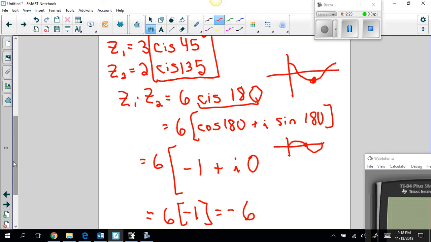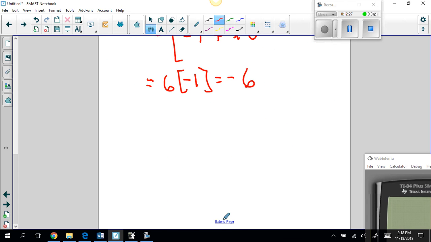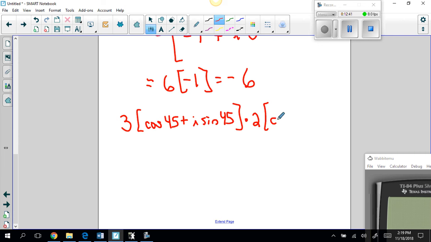Let's see what 3 CIS 45 really is. So what they're really asking us to do is 3 times cosine 45 plus i sine 45, times 2 times cosine 135 plus i sine 135.